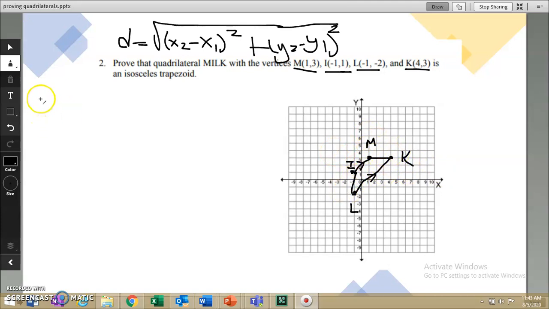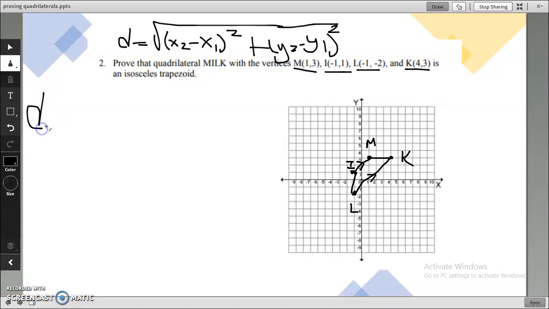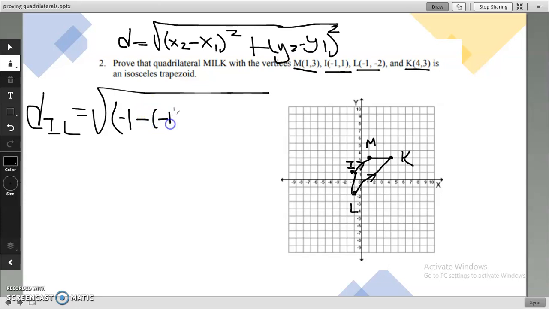So let's say the distance of IL, and since we named it IL, L will be our second point. So L, second point, negative 1 minus a negative 1, squared, plus negative 2 minus 1, squared.